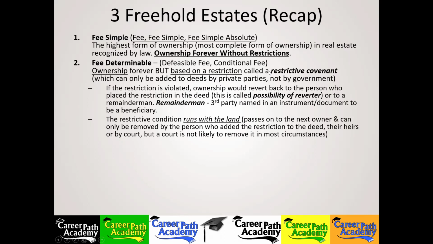But if you do violate that restriction that's placed on the ownership, then the person who sold it to you or their heirs could come after you to get the property back because you violated the terms of your sale. And that passes on from one owner to the next. So even if you were to sell that property to someone else, they need to abide by those restrictions as well.